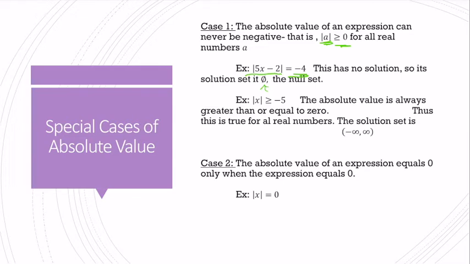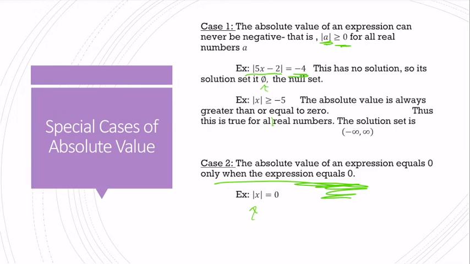Because absolute value can never have a negative value. So our solution set is going to be all real numbers, that's from negative infinity to positive infinity. Last but not least, if an absolute value expression equals 0, that can only be true when the expression equals 0.